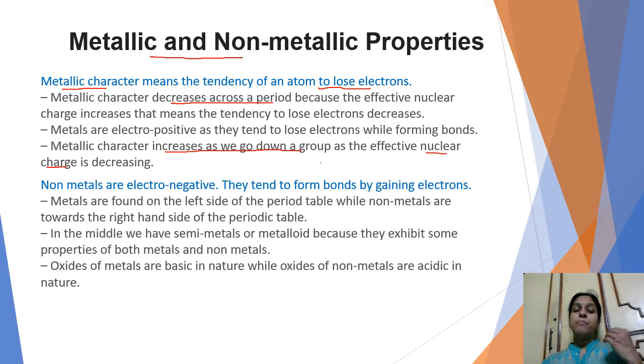Yes, metals are free to lose their electrons from the outermost shells, and that's why, क्योंकि वो अपना electron lose कर सकते हैं और अगर वो अपना electron donate कर सकते हैं, so they can exhibit the electropositive character also while forming bonds.